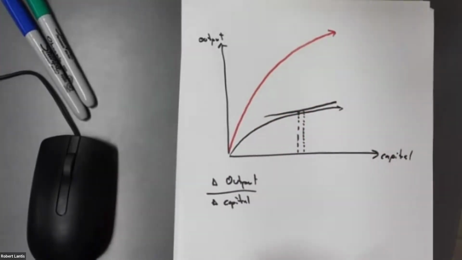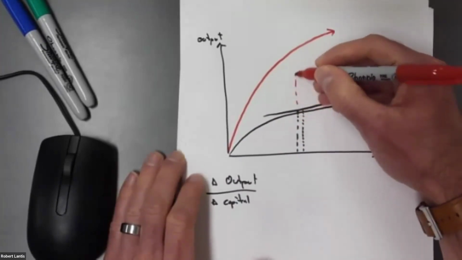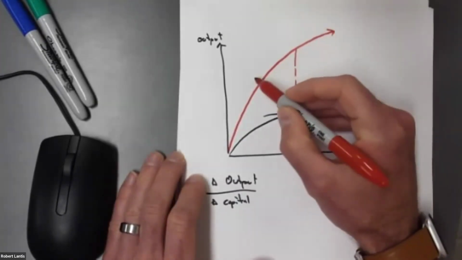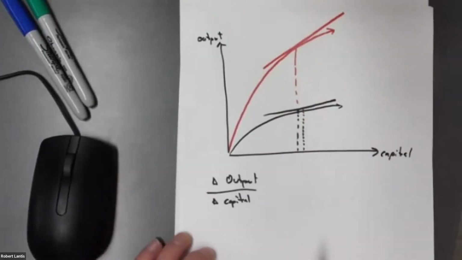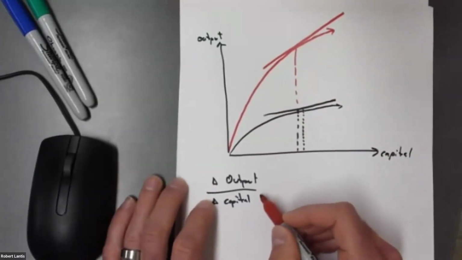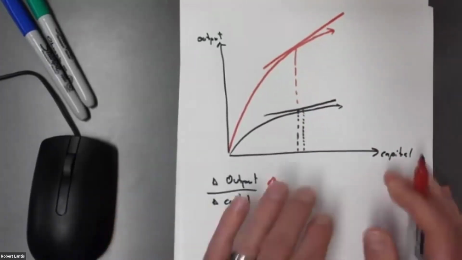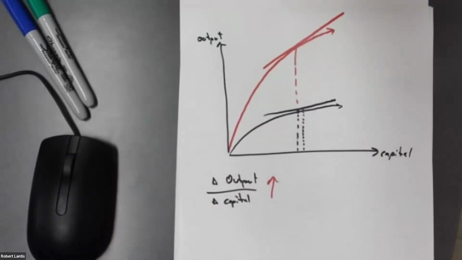If I have total factor productivity increase, and here's my new production function, well, that same level of capital, notice what's my slope now? It's significantly higher, or that marginal output from the same level of investment in capital is now greater than it was before. This is a good thing for economists. That means I don't have to change the amount of investments I'm making in the capital, and I'm getting even higher output than I was before.